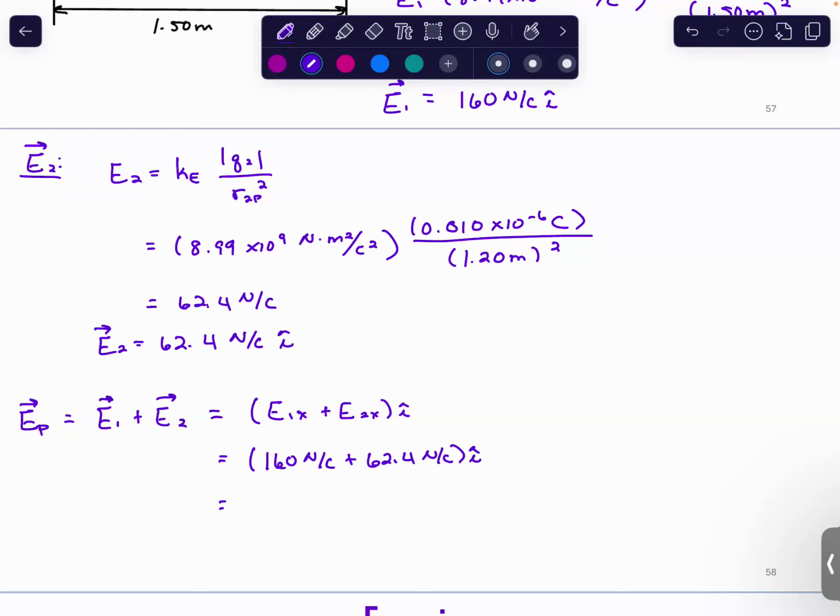And you end up right at about 222 newtons per coulomb I hat.